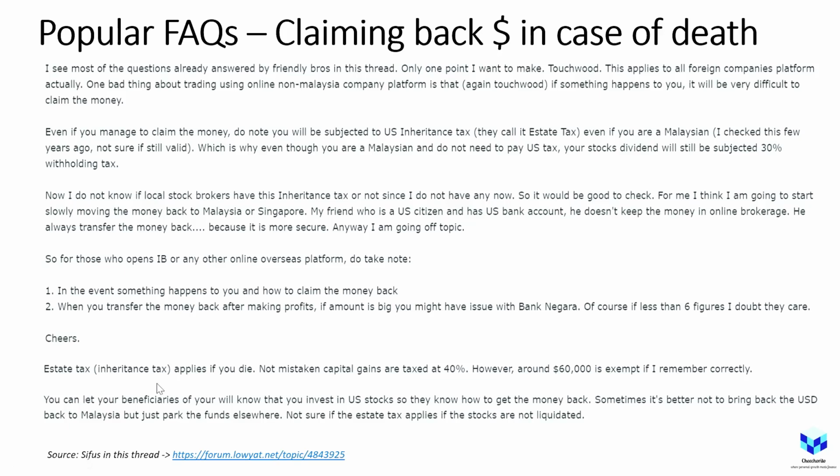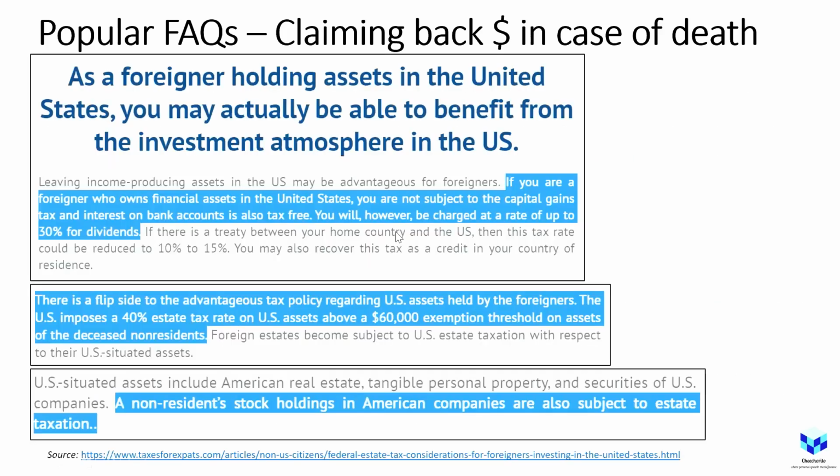And the second comment here echoes the same sentiments in terms of estate tax as well as capital gains tax, at around 60,000. So I actually did some googling on this, and I came up with this info based on this source from a website called Taxes for Expats. I find that we actually do not have any capital gains tax. Capital gains means after you sell off the stocks and you earn profit from the capital appreciation.